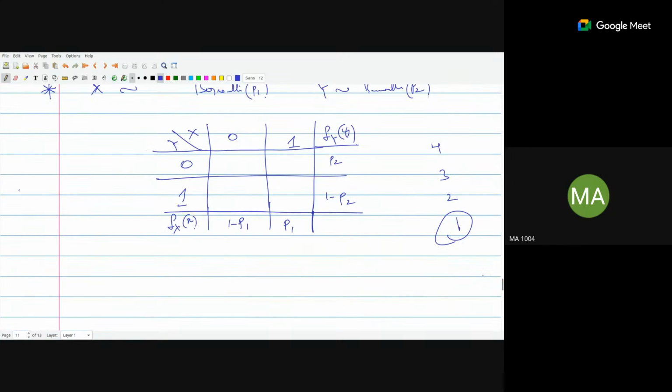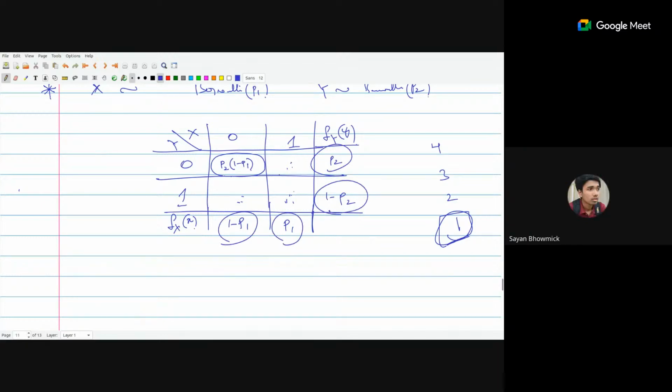So for this, even if it is true for 1, without loss of generality, I'm stating that this is true for the 0 0 case. So if it is true, that means this is actually P2 times 1 minus P1. If it happens to be P2 times 1 minus P1, you see now, if you know this entry value, you can fill all the 3 other entries using the marginals, right?